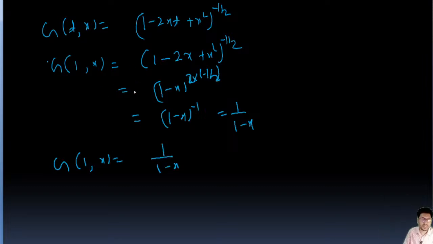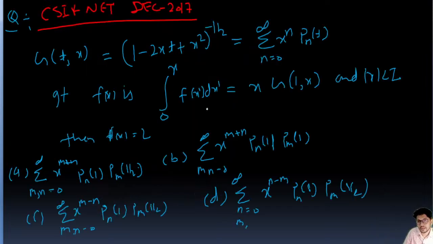So this is the value. Okay, the generating function is given. Now in the question we have been given the integration from 0 to x of f(x') dx', which is given as x G(1,x).